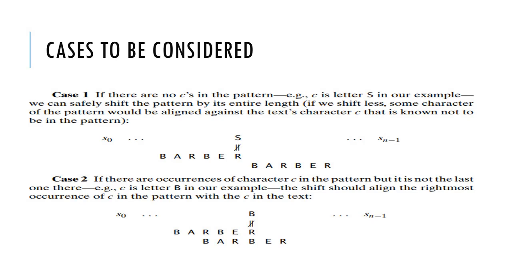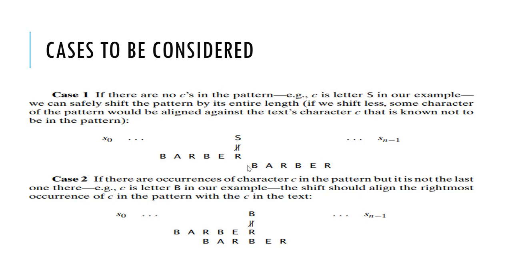So what is the next case? In the next case, there are occurrences of the character c in the pattern, but it is not the last one there. See, the pattern has a B here and R is the last character. When you map that, it is not equal, so there is no match.